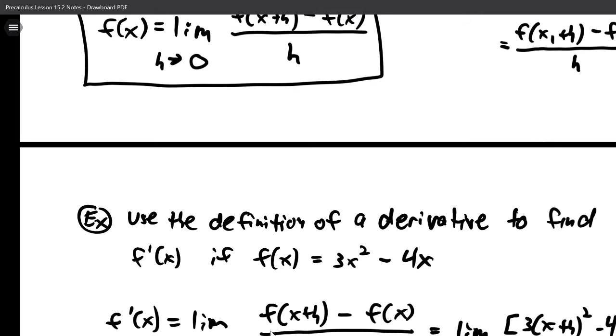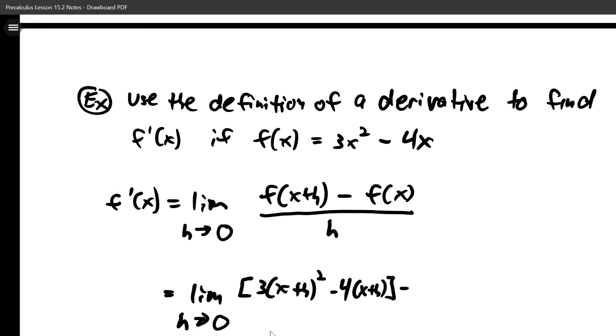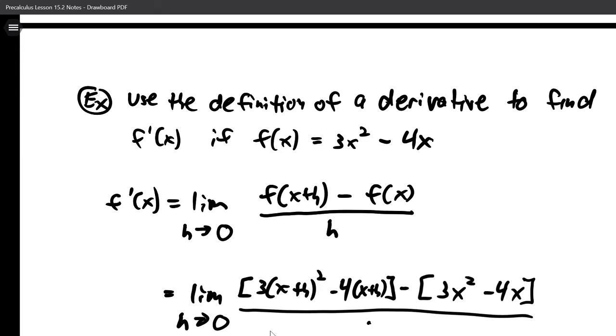Hold on a second, I'll move this whole thing down to here. Okay, now I have room. Minus my whole function, which is 3x squared minus 4x. And it's all of that over h.